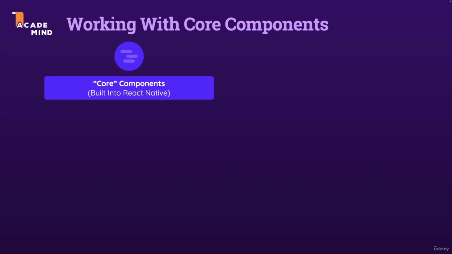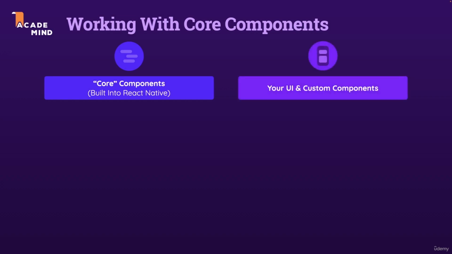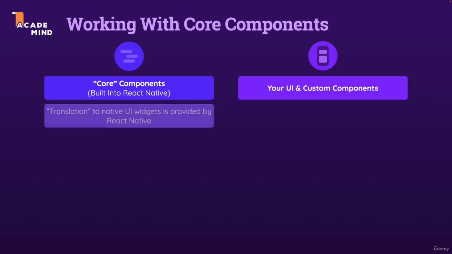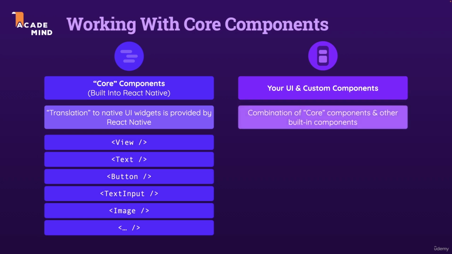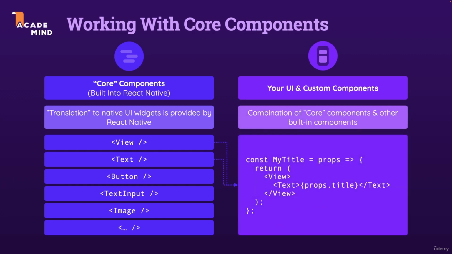Now, React Native is all about working with those core components that are built into it. You build your overall app UI and your custom components that might make up that UI by simply combining those core components. Because these core components, as you learned, are translated into native UI widgets, native UI elements for Android and iOS by React Native. That's why we work with those core components that are provided by React Native, and we can combine them in our React code, in our JSX code, to build our own components and ultimately our own user interface.